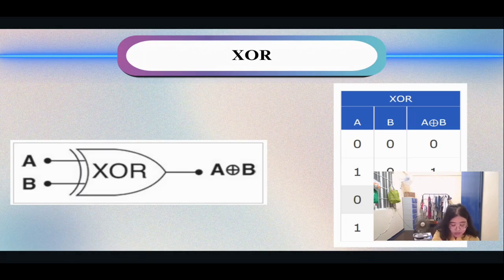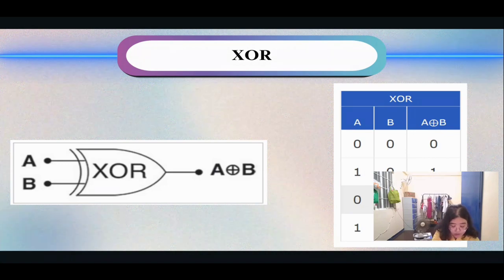In the first row, when both inputs are 0, the XOR operation results in 0 because the inputs are the same. The second row, when one input is 1 and the other is 0, the result is 1 because the inputs are different.